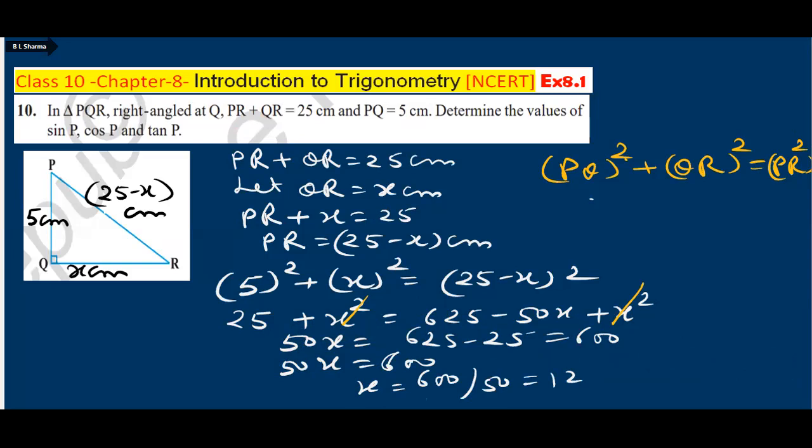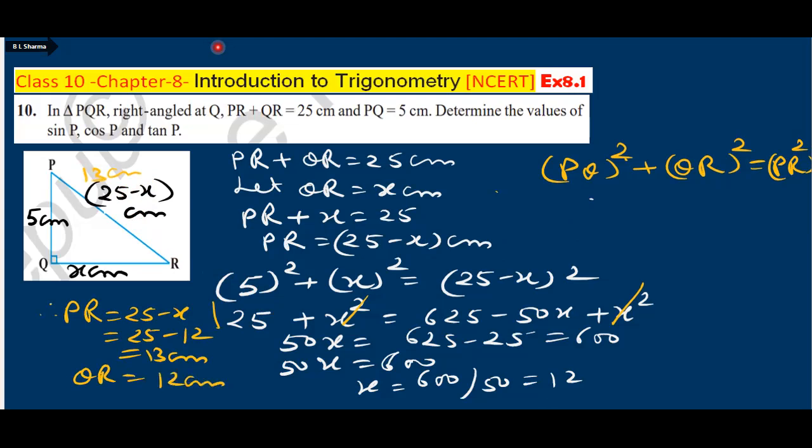So yes, I'm sorry for that, my mistake. So now X is equal to 12 centimeters. So the value of PR is 25 minus X, 25 minus 12, that is 13 centimeters. And QR, that is X, that is 12 centimeters.